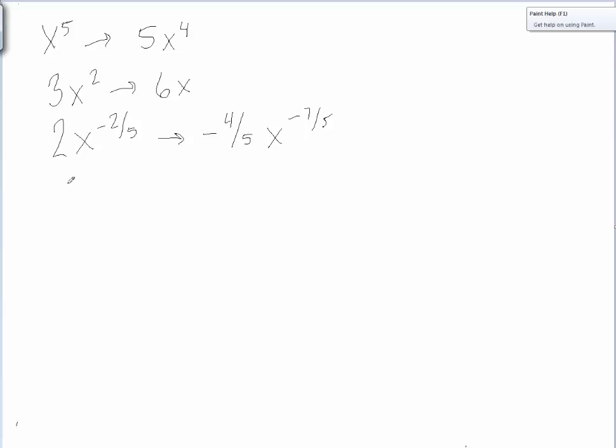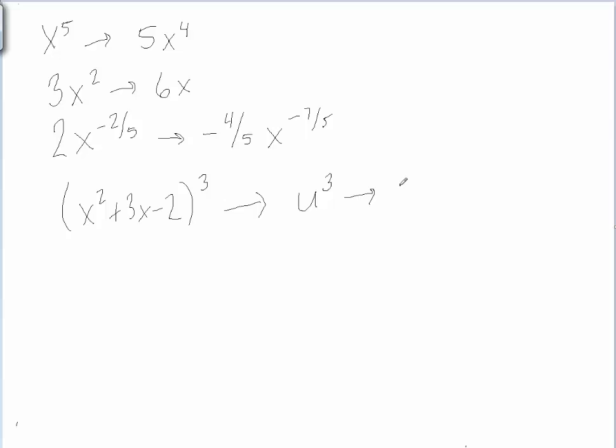And what happens if we have something like that? How do we find that derivative? Well, we'll rely on the extended power rule, so we can think of this as u to the third, and its derivative is going to be similar to what we found before.